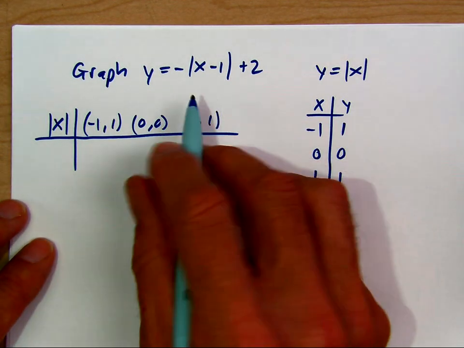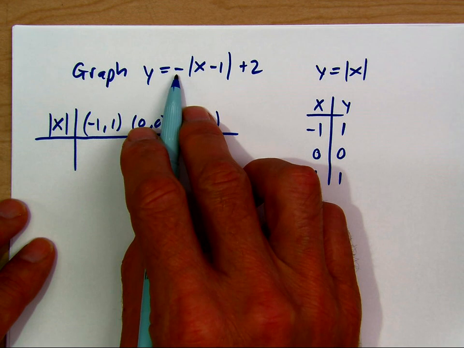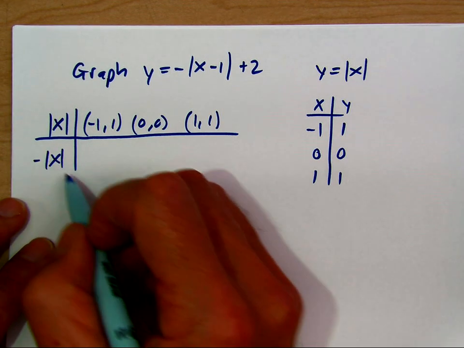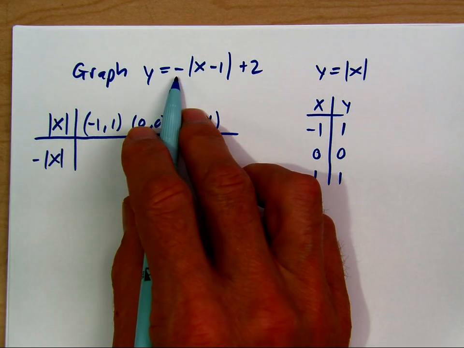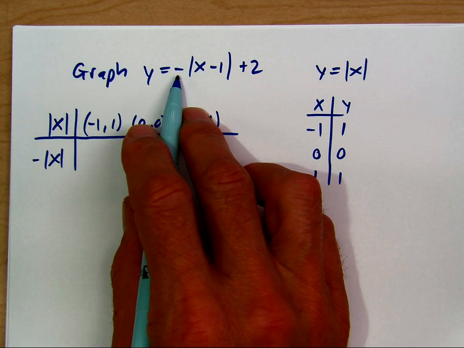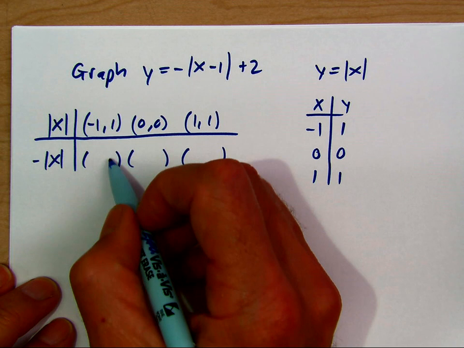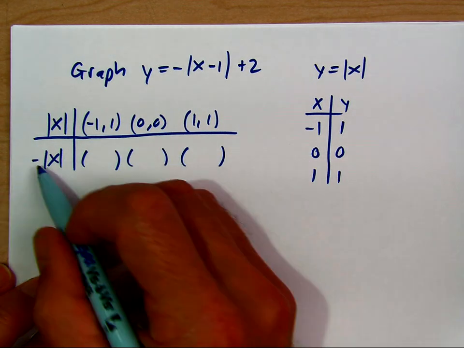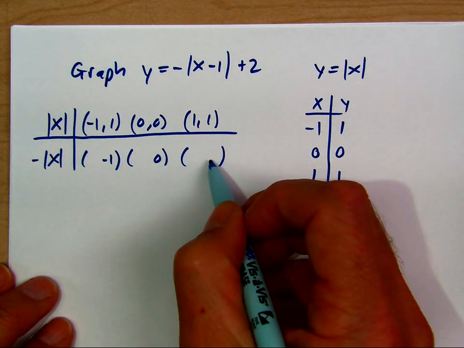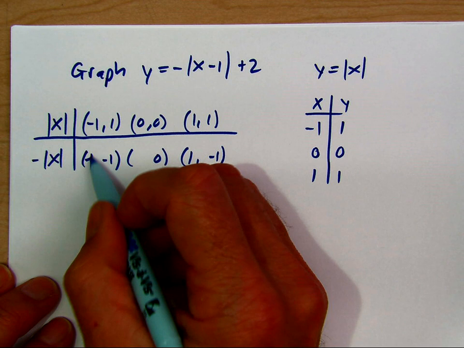Let's do the reflection first. Every time we multiply or divide, we'll do that first. So negative is on the outside. That means it's changing the y values. And let's just multiply all the y values by negative 1. The x values didn't change.